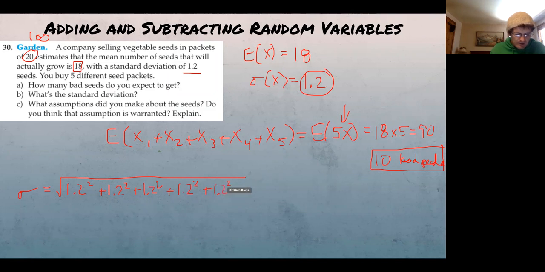And what I could do is think of it this way: 5 times 1.2 squared. And that would be a little bit easier for me to answer that question. All right, so there we go. So is that right? 2.683, you guys getting the same thing?